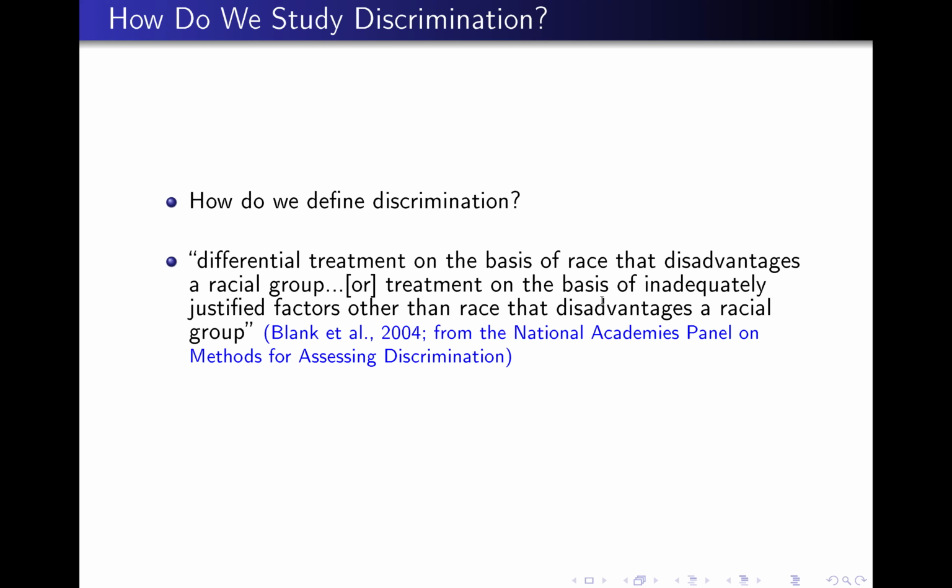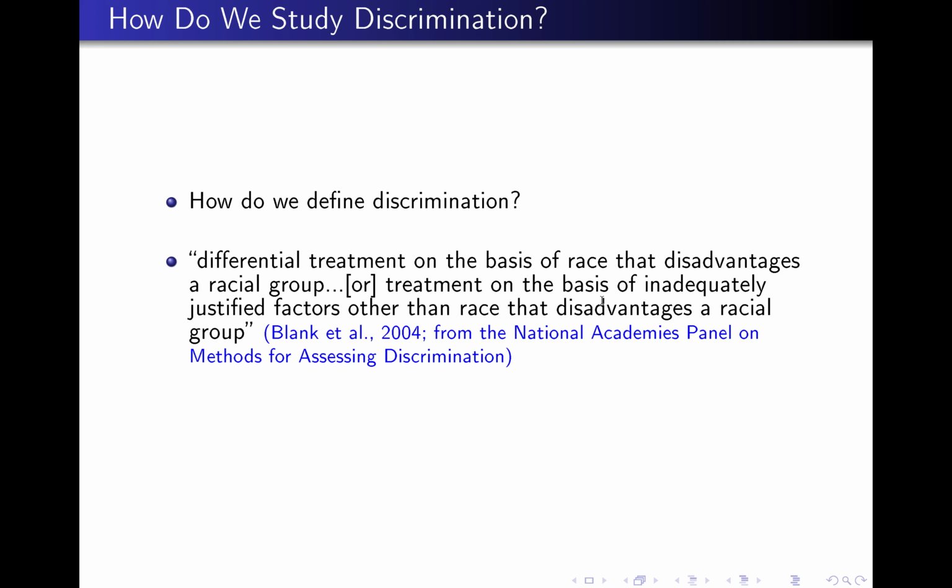We want to find differential treatment. It's got to be on the basis of race. So we're clearly creating a causal pathway here. And then there has to be some sort of disadvantage toward that racial group on the basis of race.